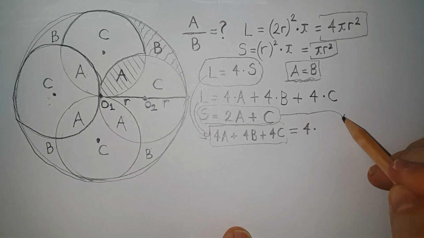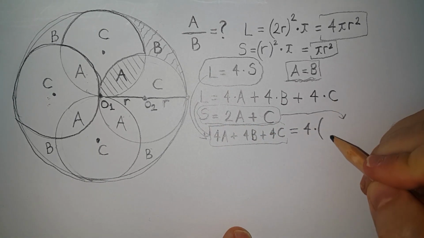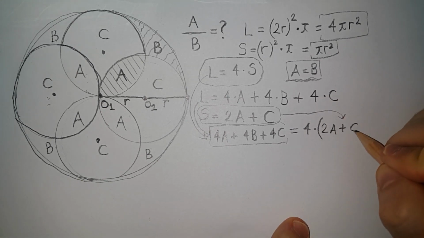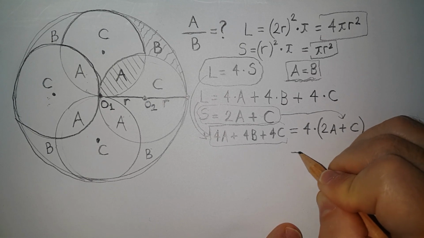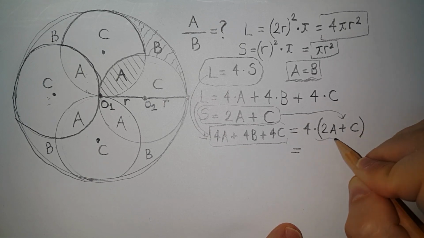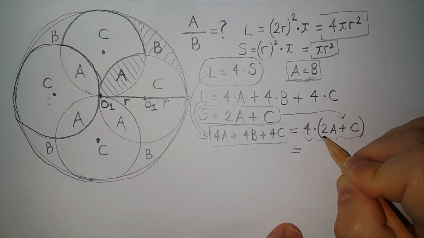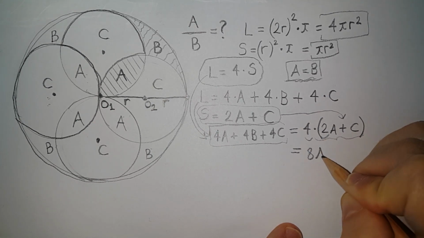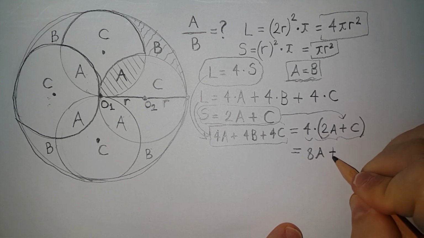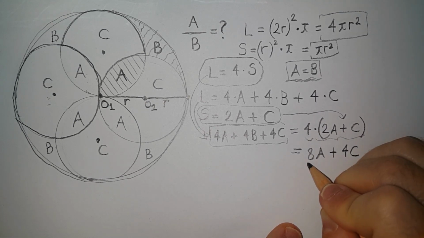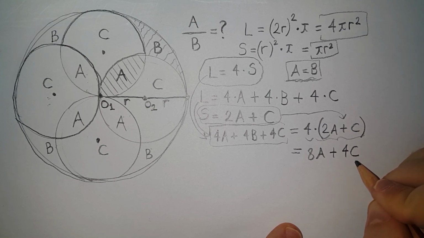So let's write down inside the parentheses 2a plus c. Now let's multiply what's inside this with 4. 4 times 2 is 8. It's 8a plus 4 times c is 4c.